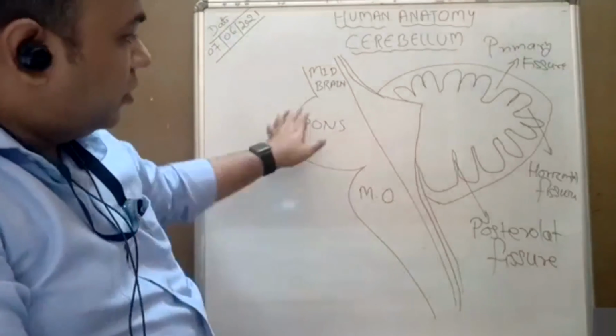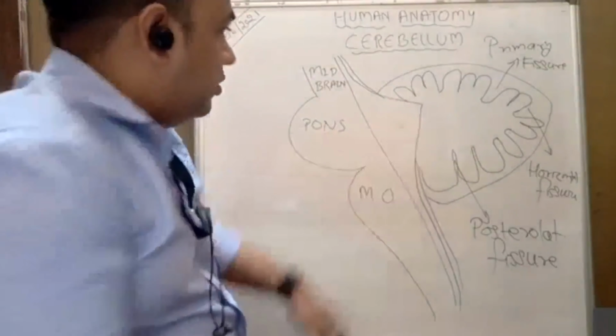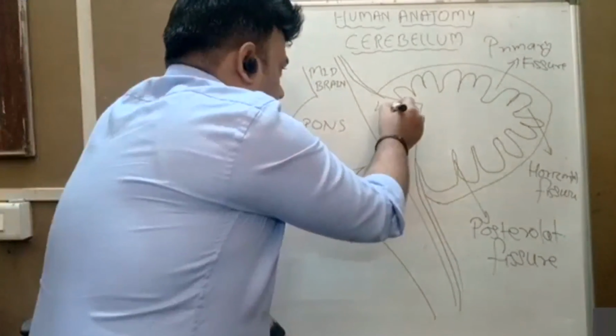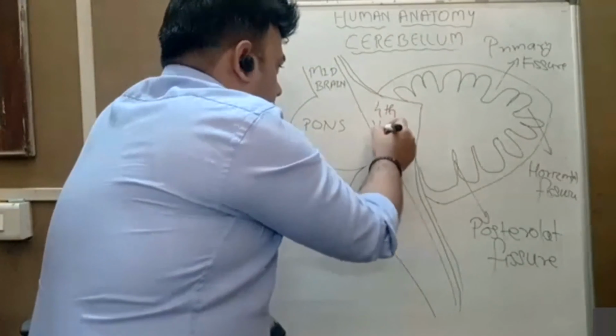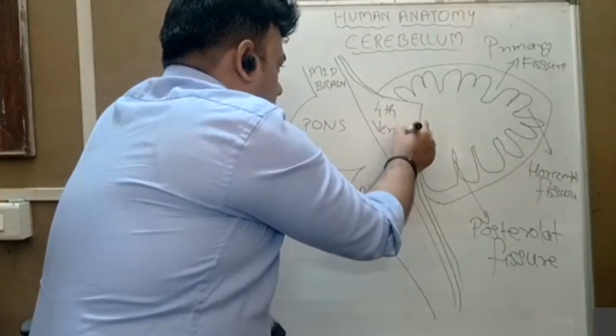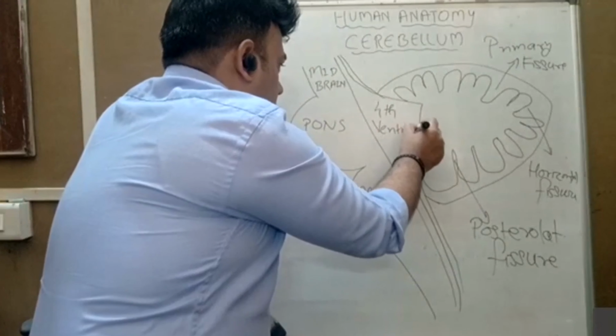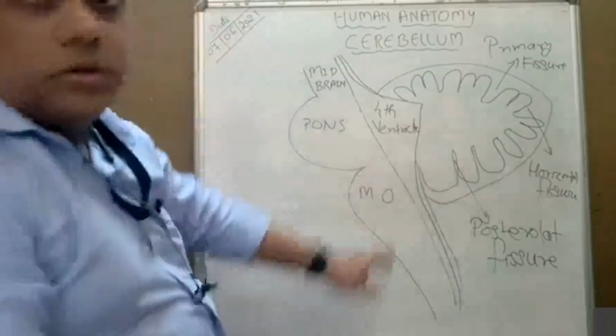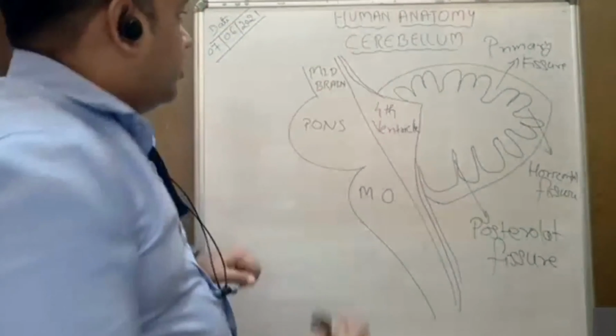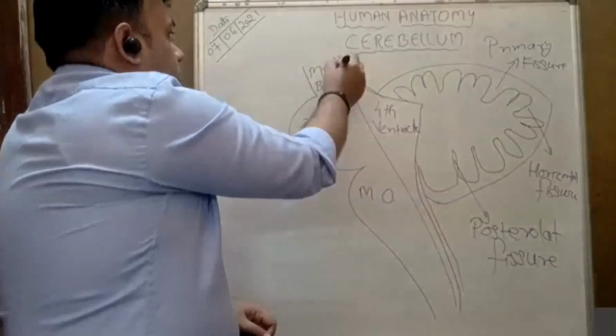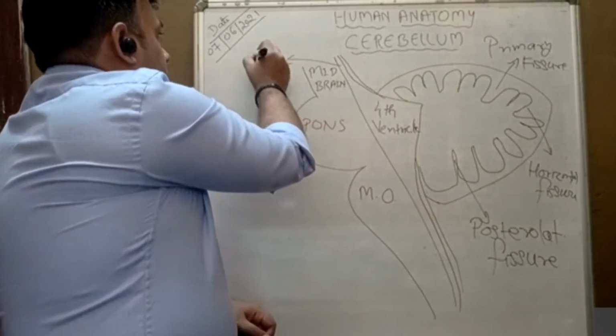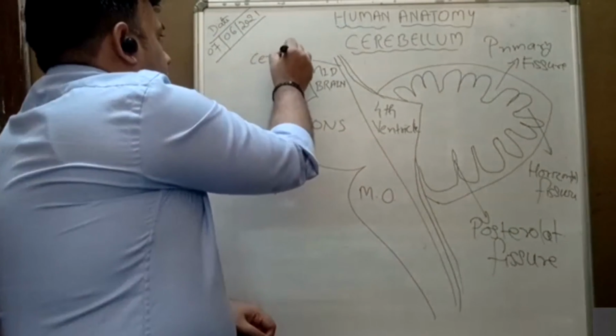Got it? The pons, medulla oblongata, cerebellum, this fourth ventricle. I will write for you. Fourth ventricle. Fourth ventricle. This is cerebral aqueduct of Sylvius.